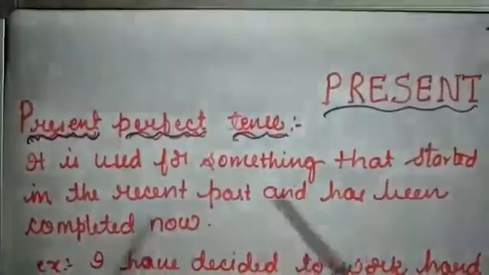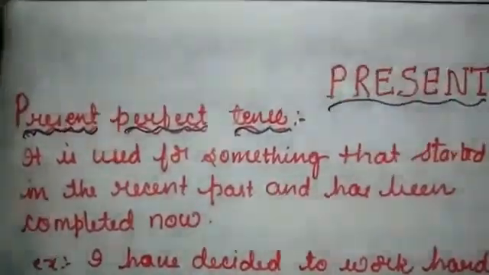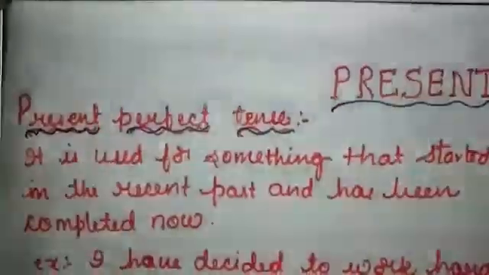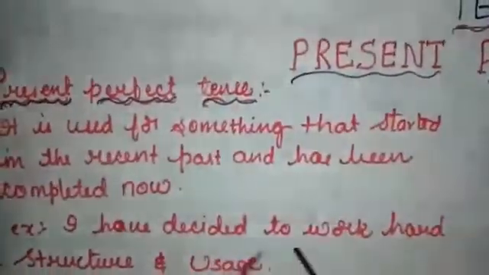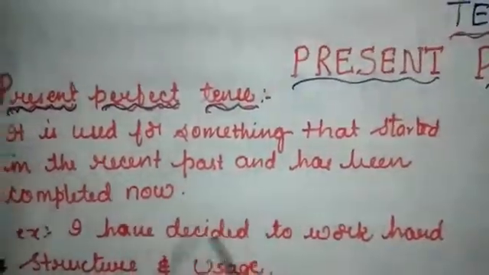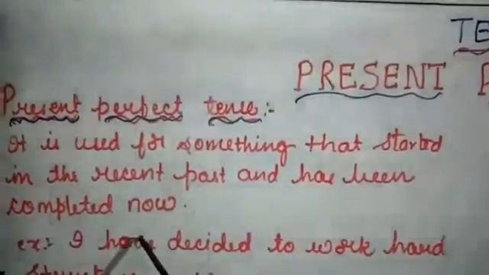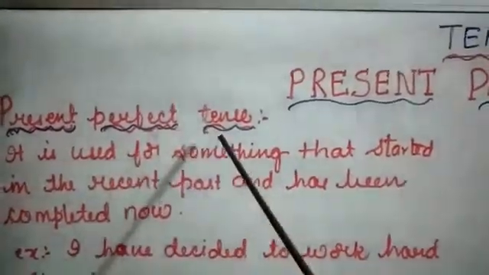Simply we can say that just completed actions come under present perfect tense. For example, I have decided to work hard. I have decided. So the helping verbs has and have come in present perfect tense.